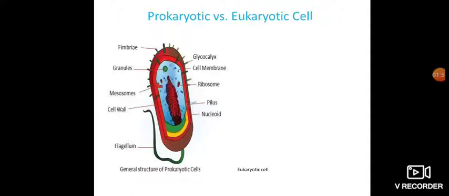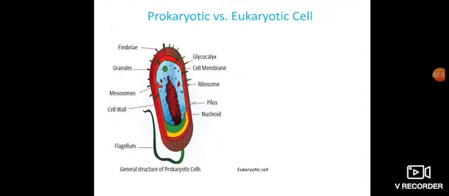The spine-like structures observed on the surface of the prokaryotic cell are distinguished as the glycocalyx and the fibrillae. These are used for the attachment of the microorganism to a specific area, and the cell also has a cell wall. So these are the different parts of prokaryotic cells.